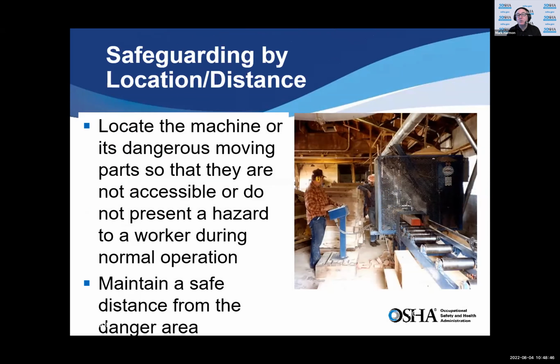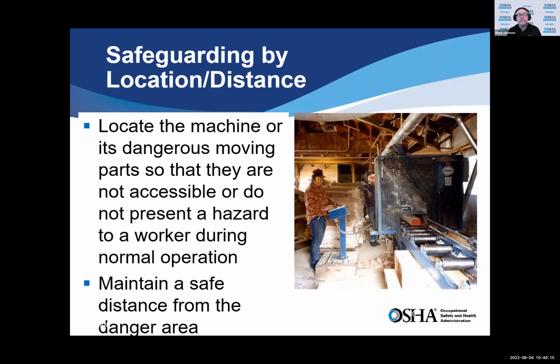Safeguarding by distance or location, if you can see in the picture. This gentleman appears to be working what looks like a sawmill woodworking operation. But as you can see, the controls are at a distance. You locate the machine or its dangerous moving parts so that they are not accessible or do not present a hazard to a worker during normal operation.